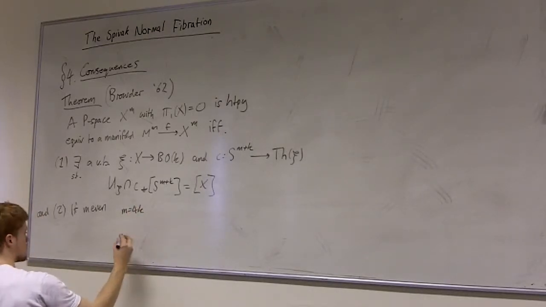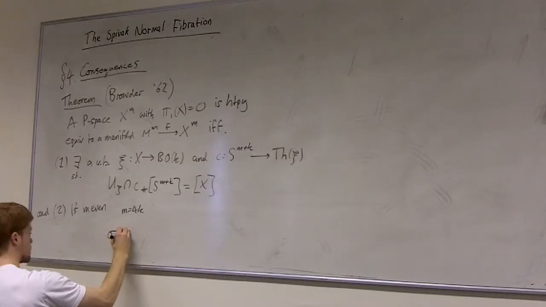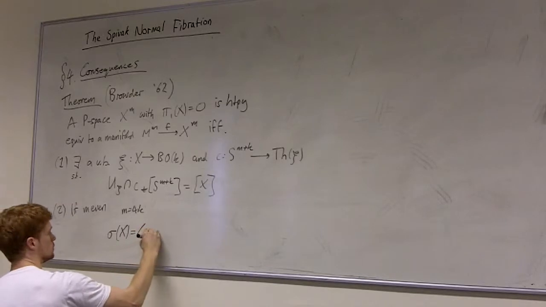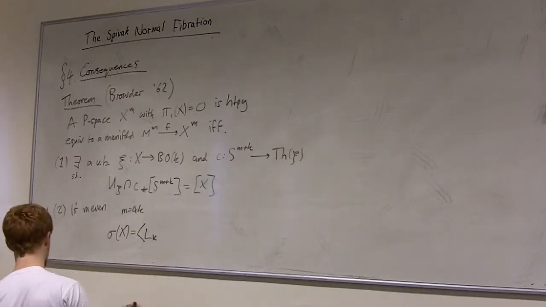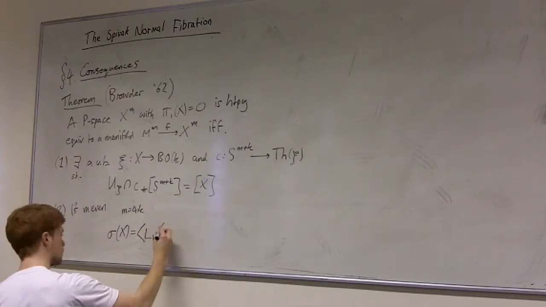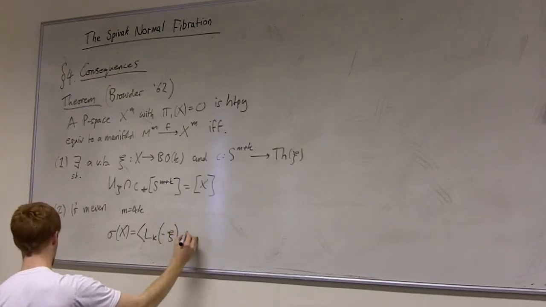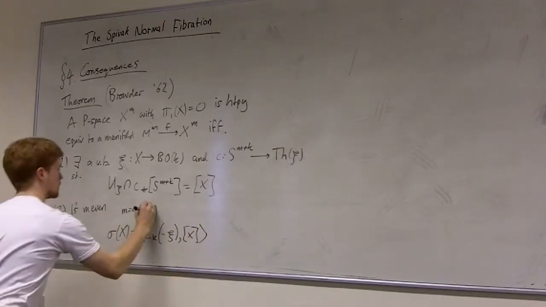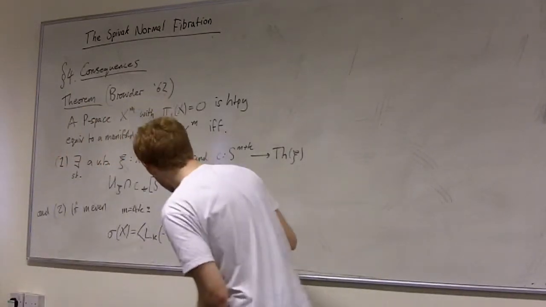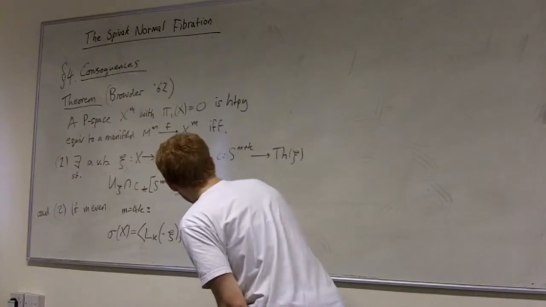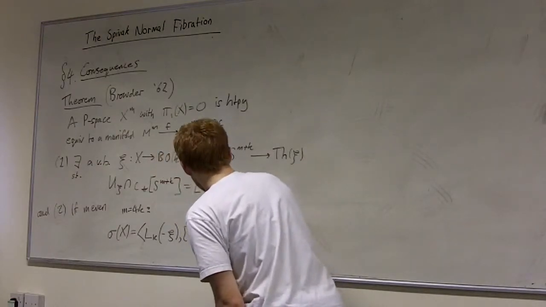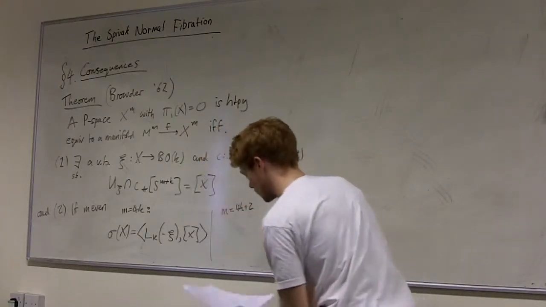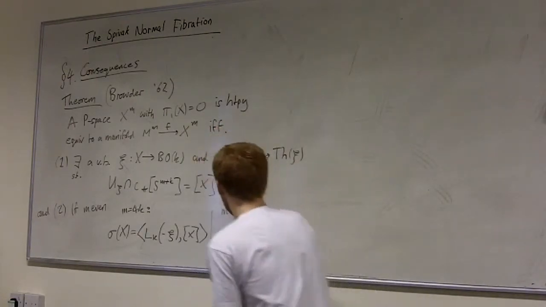So the signature of the Poincaré complex should be that's if M is 4K, and if M is 4K plus 2, we're getting this condition on the self-intersection.